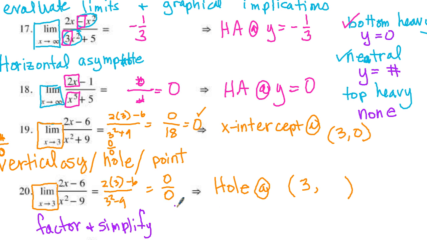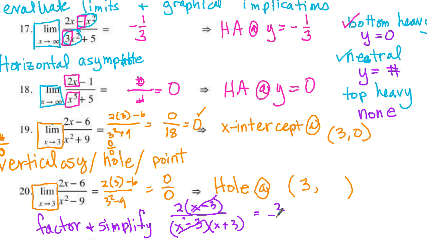So on top, we can factor this to 2 times x minus 3. And on the bottom, we can factor this to x minus 3 and x plus 3, the factors of this quadratic. Where hopefully you notice the x minus 3's on top and bottom cancel out.